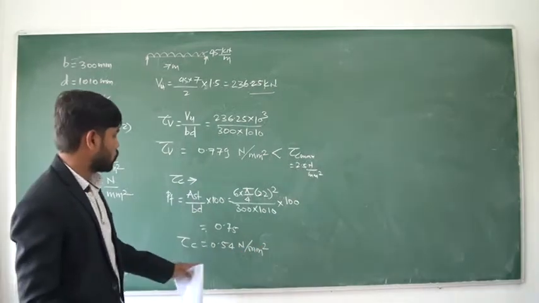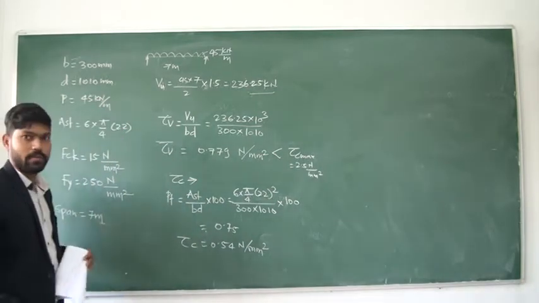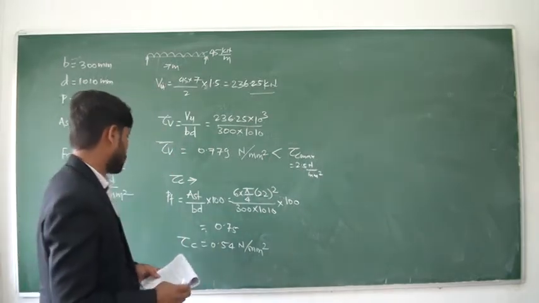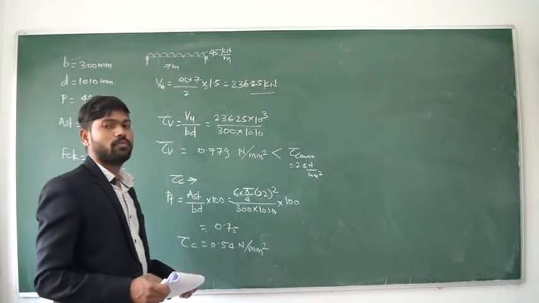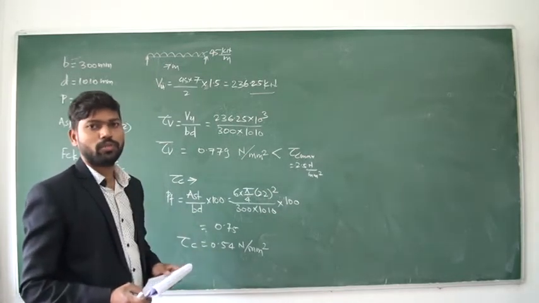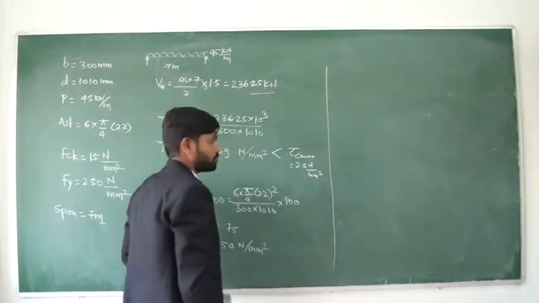In the previous lecture I have shown you the chart. In the same chart you have to check the value of tau c for pt 0.75. No need to do interpolation, you will get this value of tau c directly from the chart.